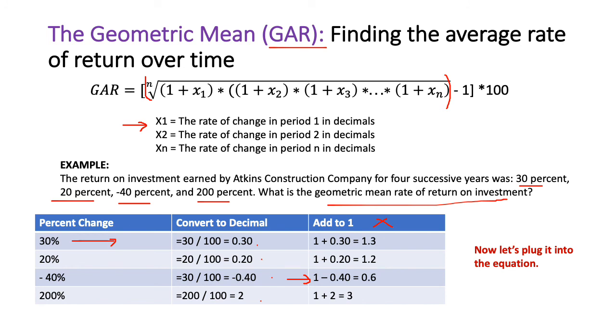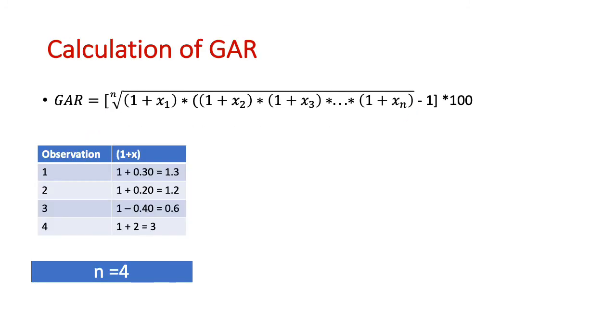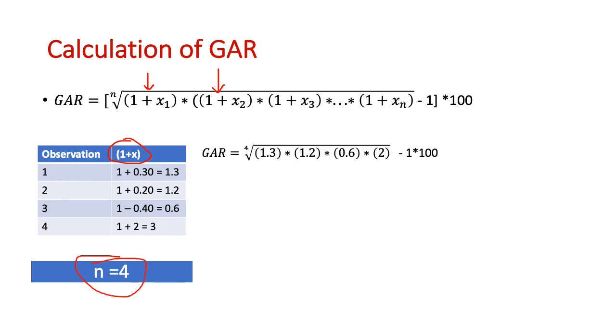Now let's plug it into the equation. Let's take these values of 1.3, 1.2, etc. These are your 1 plus x's, so they go into each of these parentheses. In this case, we have 4 observations, so n equals 4. So here's our equation.